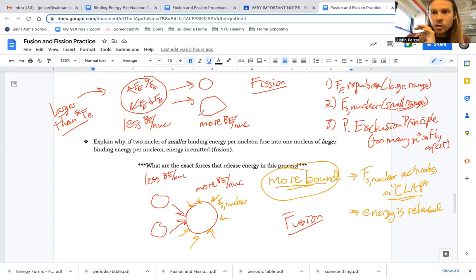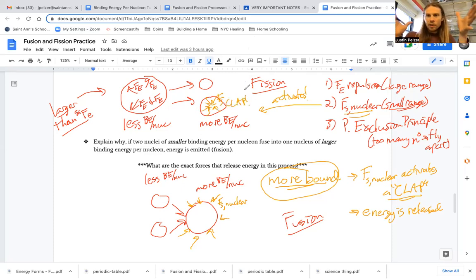Fission will release energy when the products, these, are more bound than the initial nucleus. So these clap because they're smaller, so the nuclear force can now activate. And it says, oh, the strong nuclear force can now do its thing. Goes clap, boom, it's a boom.